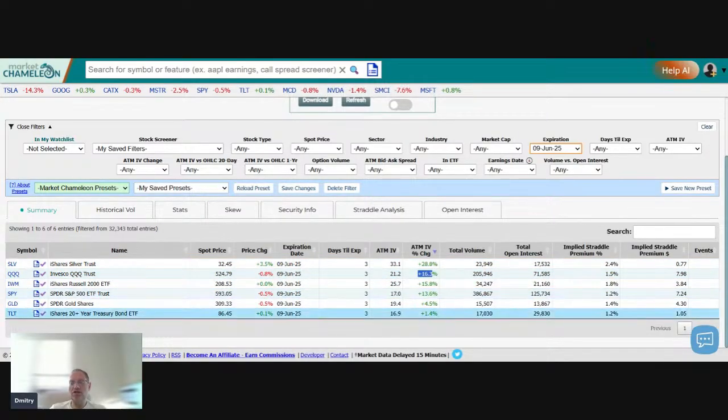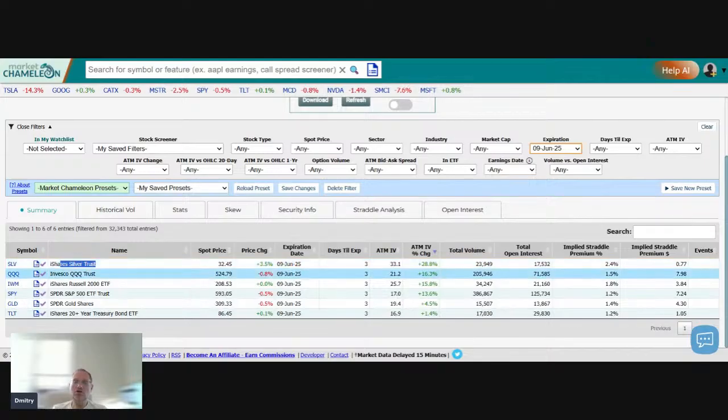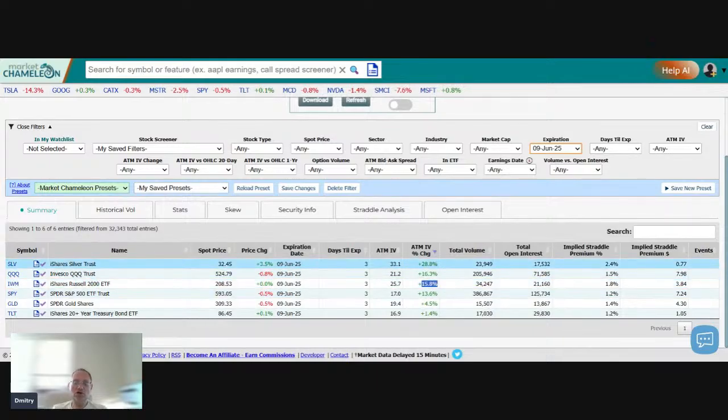So here we could see that the implied volatility for June 9th was up across the board. All these ETFs, implied volatility increased. The biggest one was in Silver Trust, up 28%. And then we could see here QQQ, IWM, implied volatility was up across the board.